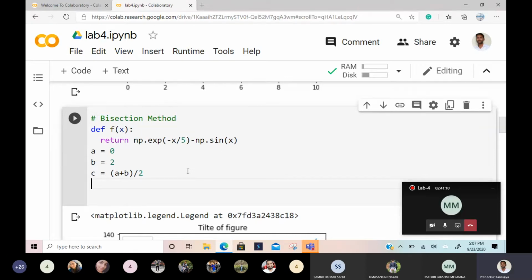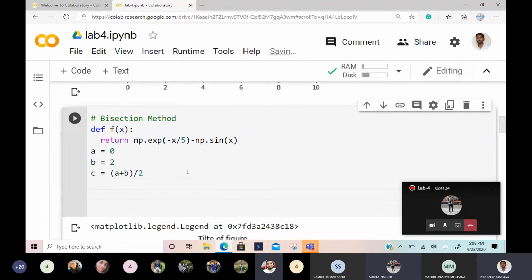Now instead of the closed interval 0 to 2, that means AB, I got two different intervals, AC and BC. So which interval will we choose, AC or BC? AC. How do you know we will choose AC? Sir, if f of A into f of C is less than 0, then AC. Okay, otherwise BC.